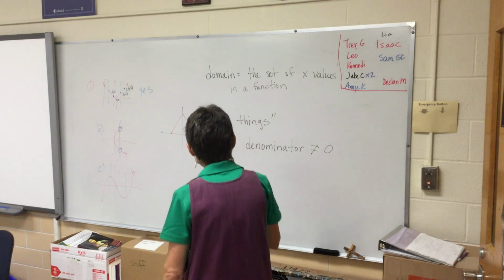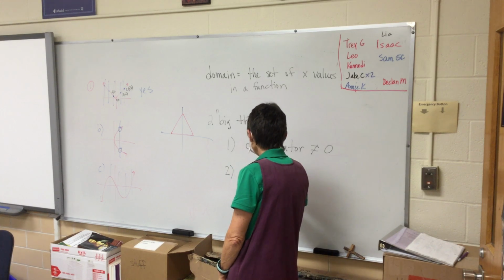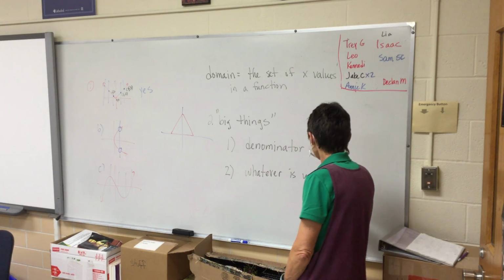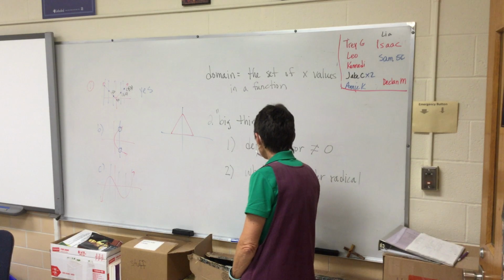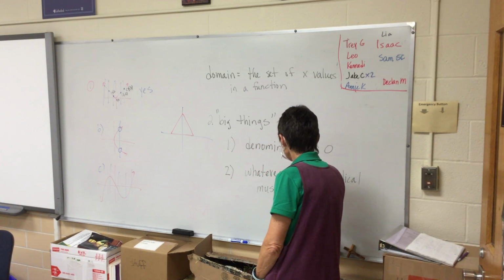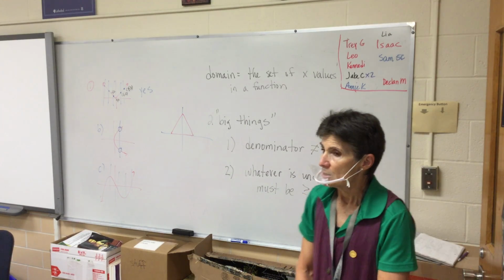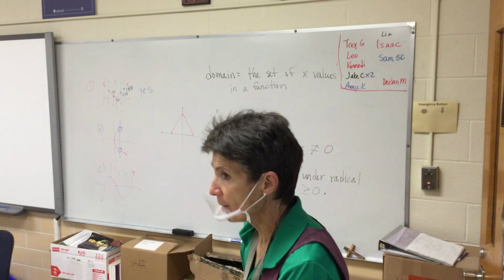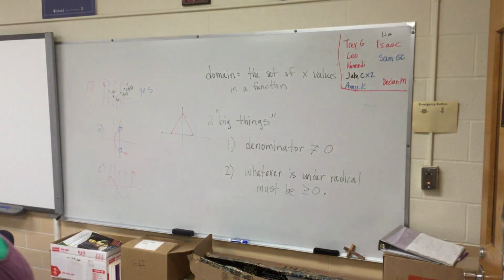The second thing is, whatever is under the radical must be greater than or equal to 0. So in other words, if you have a square root in your problem, whatever x's are underneath it have to be positive.